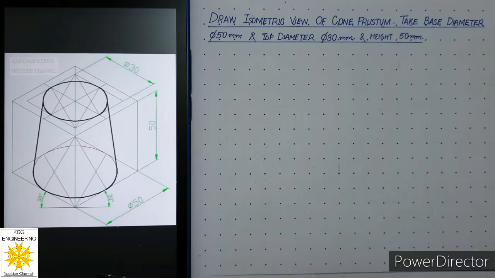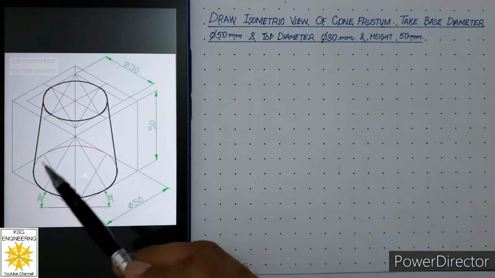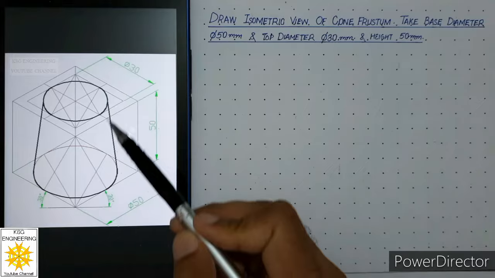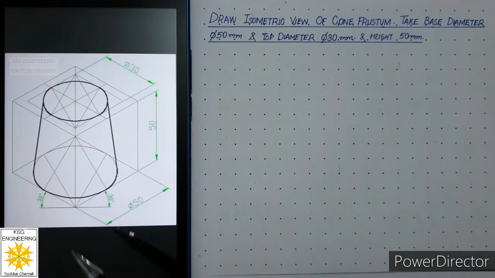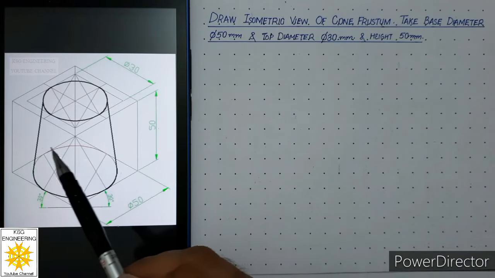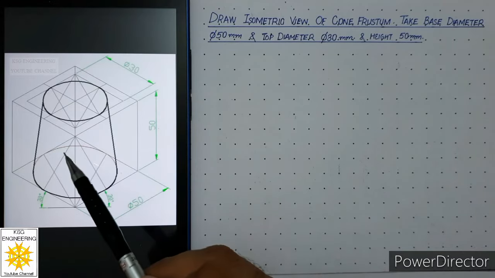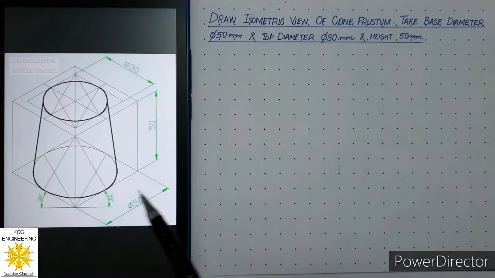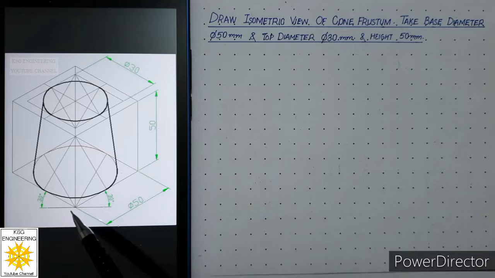Now let us see what dimensions we have to take for that isometric of the box. The dimensions of the isometric of the box will depend upon the larger diameter of the cone frustum and the height of the cone frustum. Now you can see over here, the larger base diameter of the cone frustum is 50 mm. It means length and width of the box will be 50 mm.